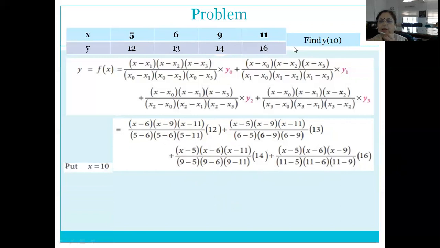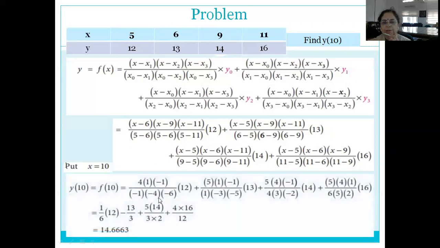Now when we put the unknown data point x equal to 10, okay, this is a generalized form, whereas we can put x equal to 10 and we can check what is the value of this function when we put x equal to 10. Now this value can be cross-verified.